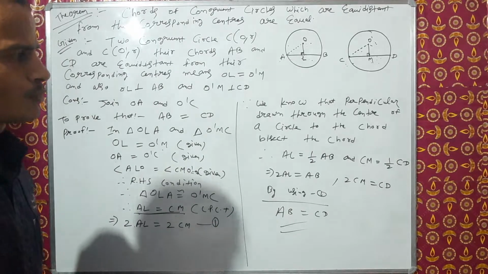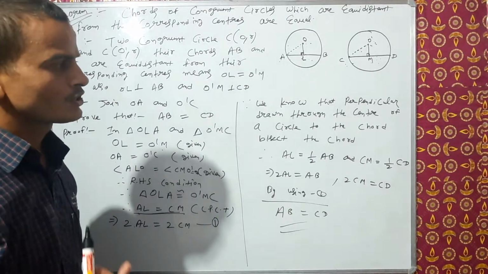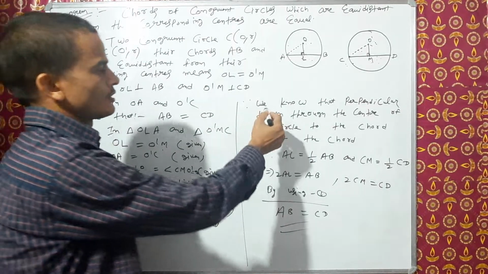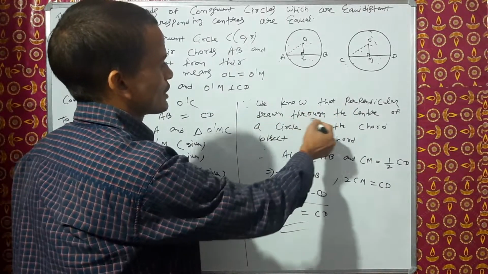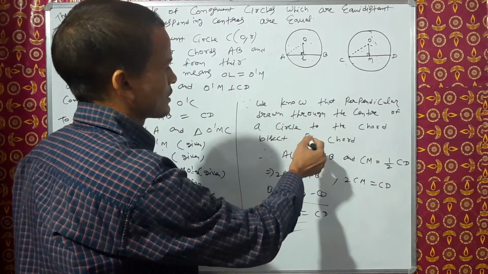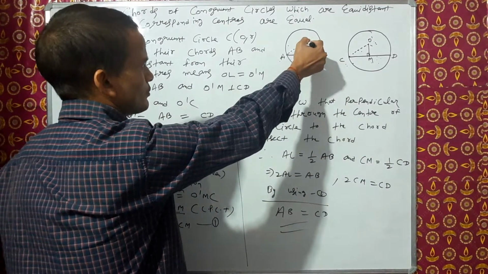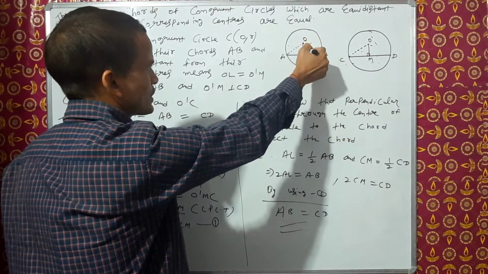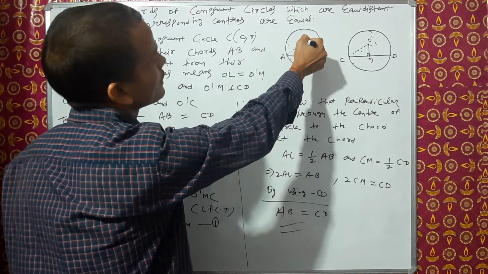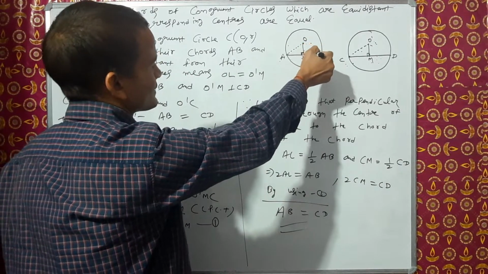And we know the property of circles that a perpendicular drawn from the center of a circle to a chord bisects the chord.